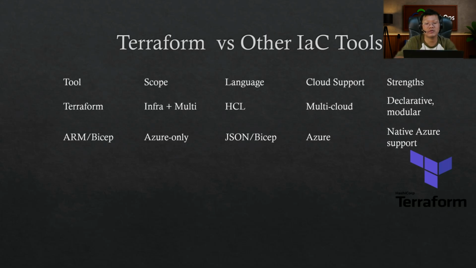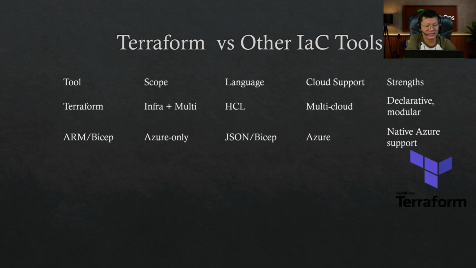When it comes to the language or syntax they use, ARM uses JSON and Bicep uses the Bicep language. When it comes to cloud support, it only supports Azure natively. So as you can see, that is the difference. Terraform is a very powerful tool that we can learn and explore, and do so much more with.